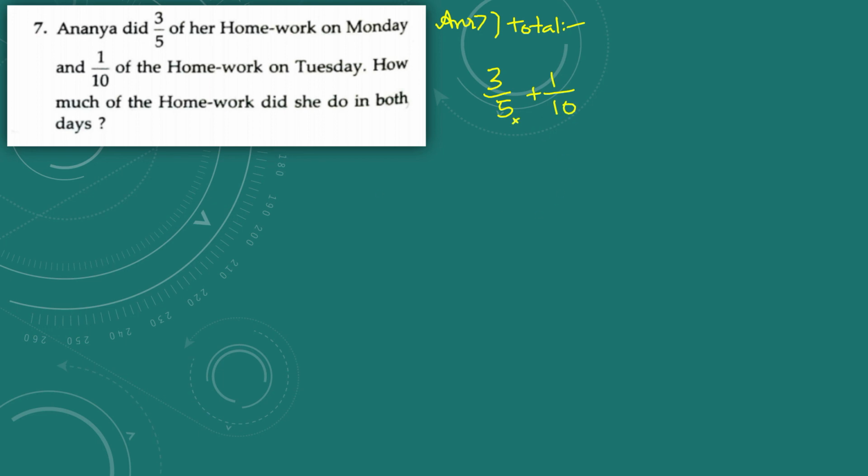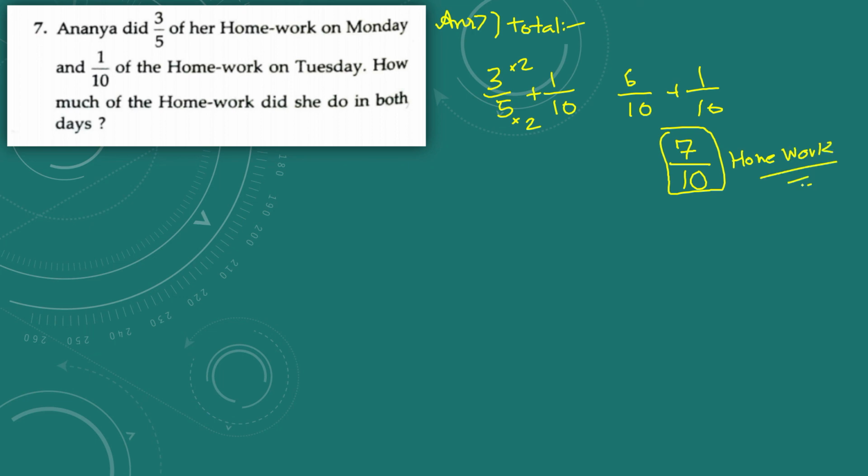In this case, if I multiply first fraction by 2 upon 2, I get 6/10 plus 1/10, which equals 7/10. Very easy. 7/10 of the homework was done by her. The answer is clear. So this question is pretty easy.